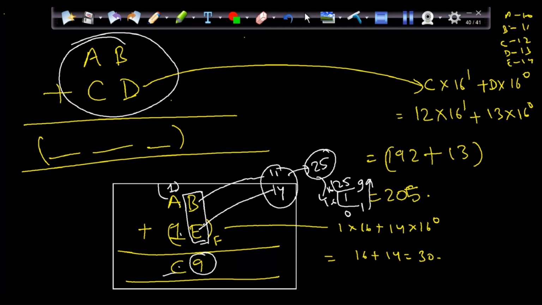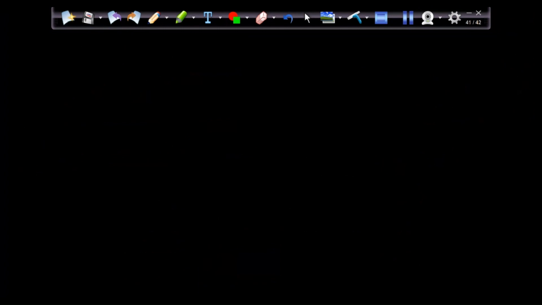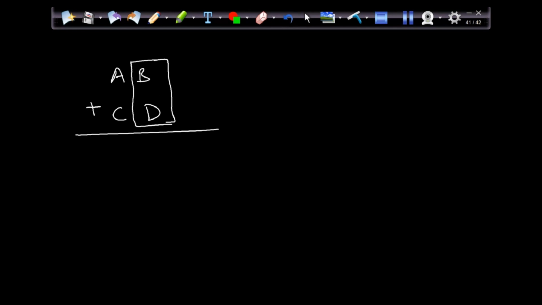AB plus CD. Definitely you are going to get a 3-digit number. So let's perform this. When you perform the addition at this position, B and D. So B plus D is what?